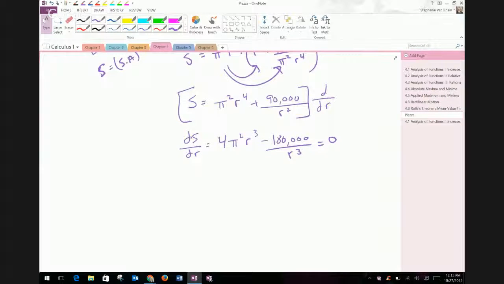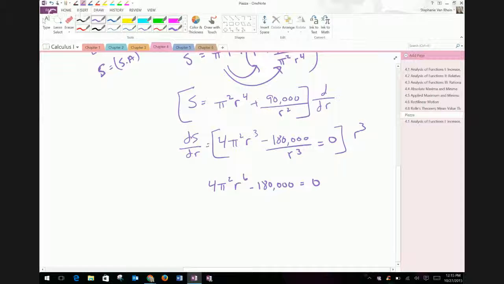If I multiply through by r cubed, I end up with 4 pi squared r to the 6th minus 180,000 equals 0. Solve for r.